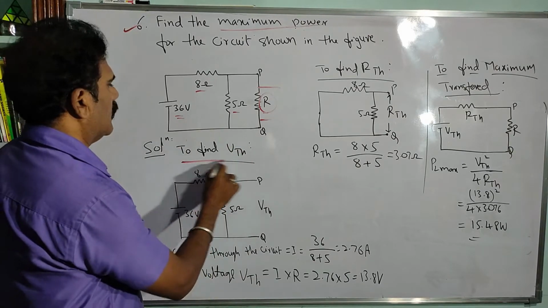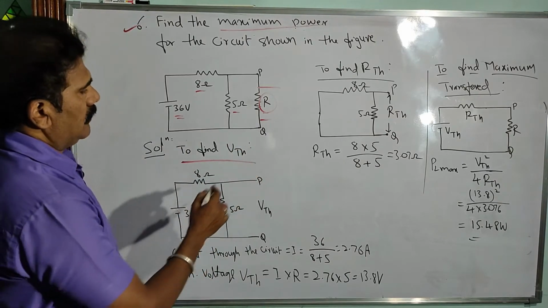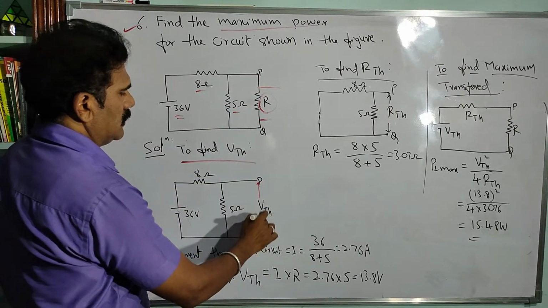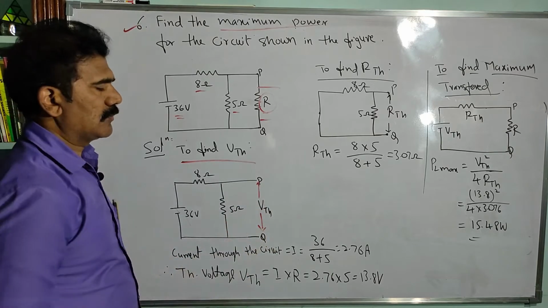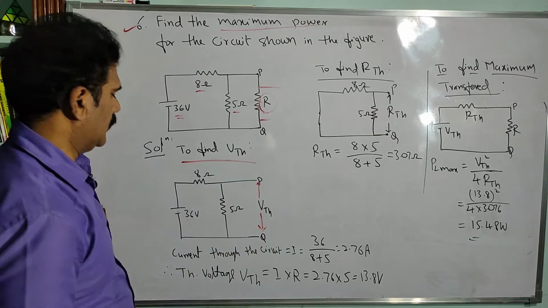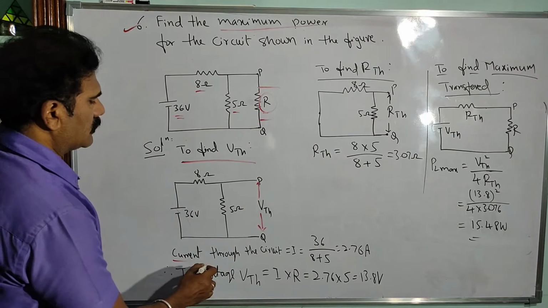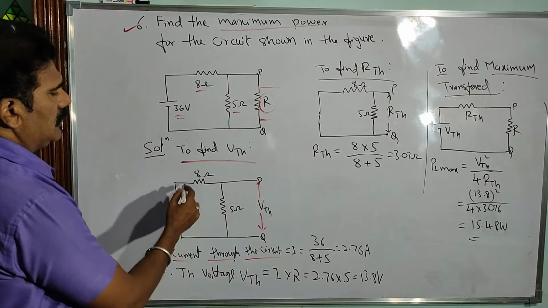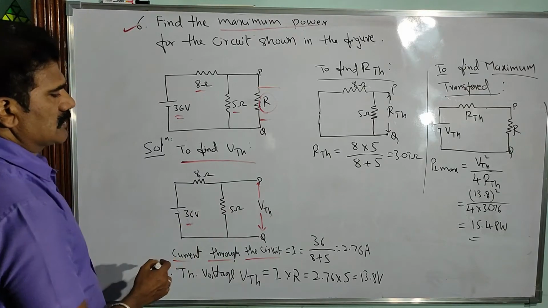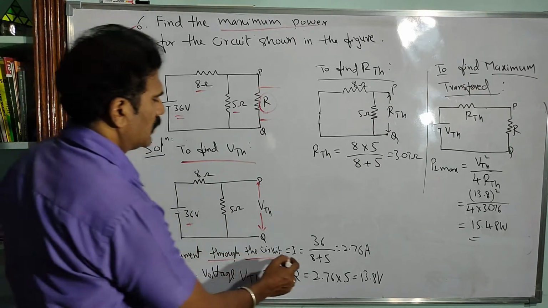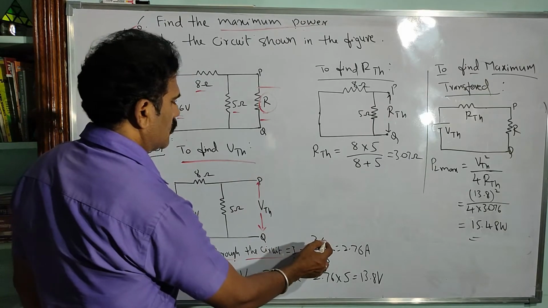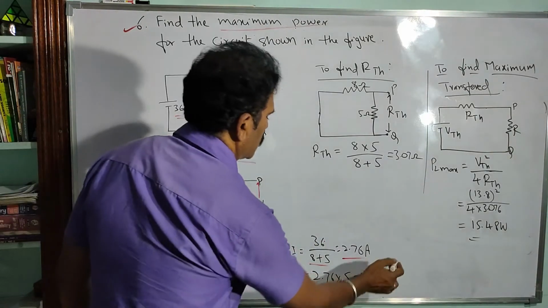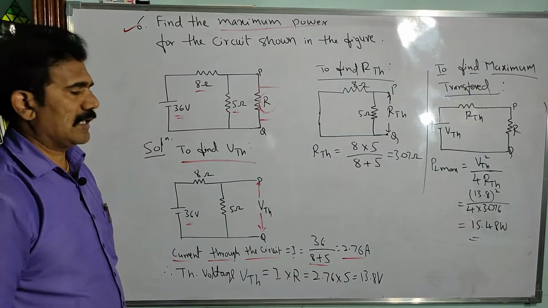So how do you find the value of VTH? If R is the load, you have to remove that load resistance and then measure the VTH across the same terminals PQ. First find out the current through the circuit. Now the circuit consists of only two resistors with the voltage source 36 V, isn't it? So write the equation for current as I is equal to 36 volt divided by the total resistance in that loop, 8 plus 5, so you will get 2.76 amperes.